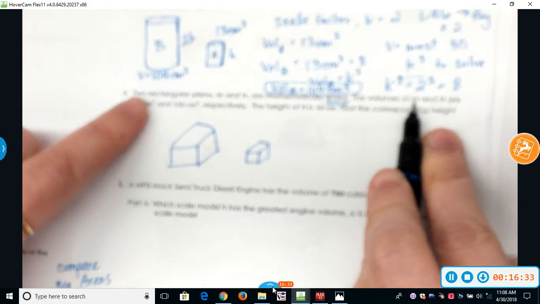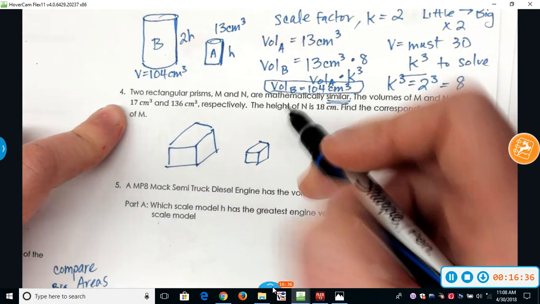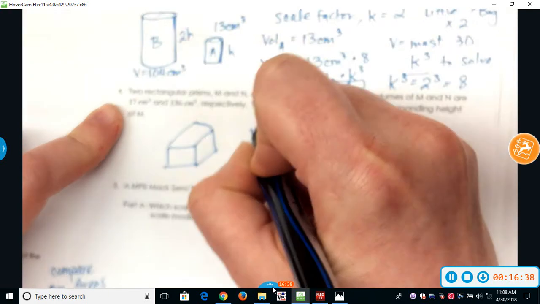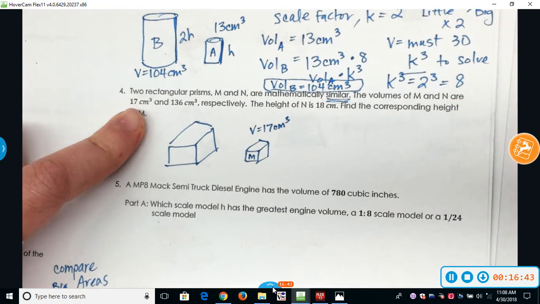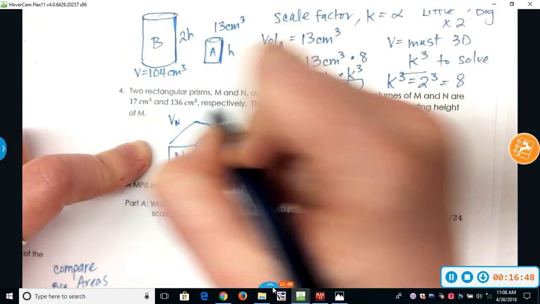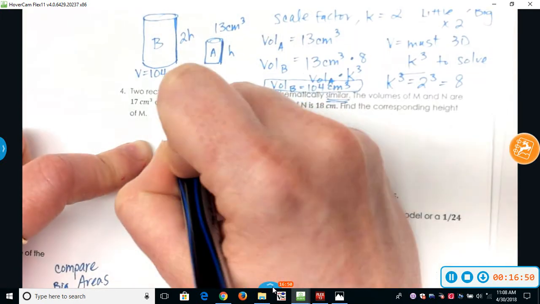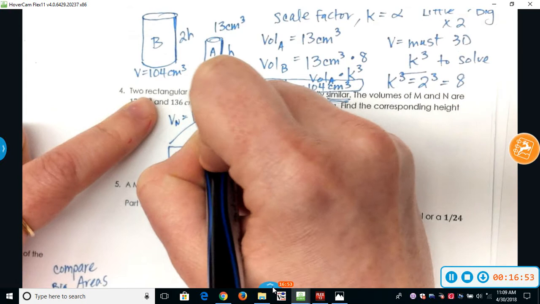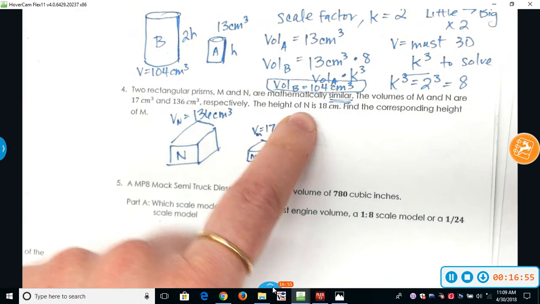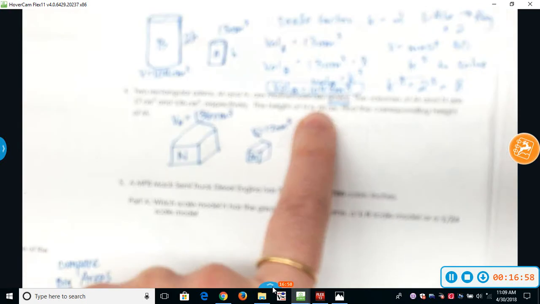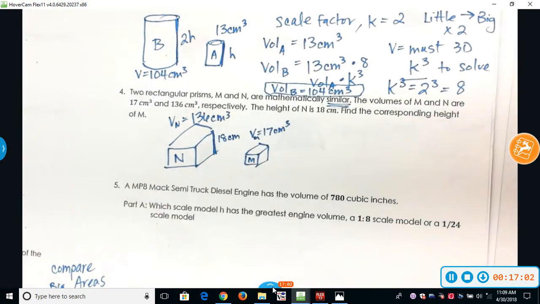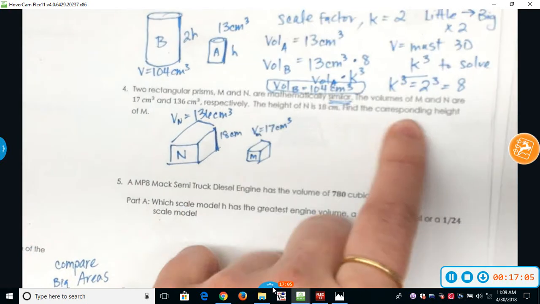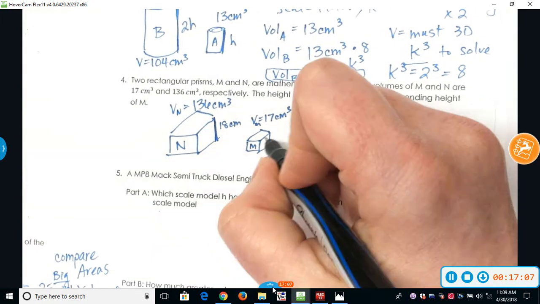The volume of M is 17 centimeters cubed. It's the smaller. And the volume of N is 136 centimeters cubed. The height of N is 18 centimeters. All right. Find the corresponding height of M. So I need this height.